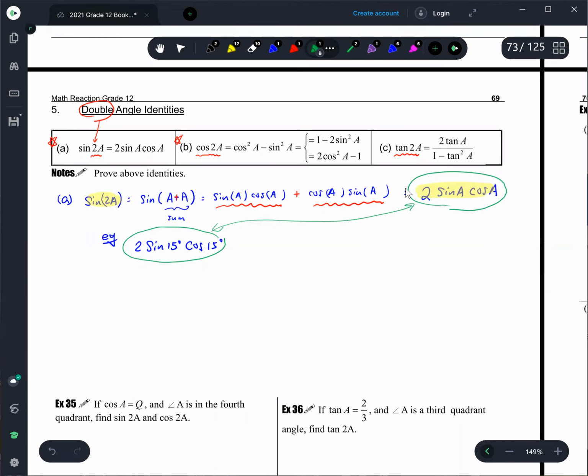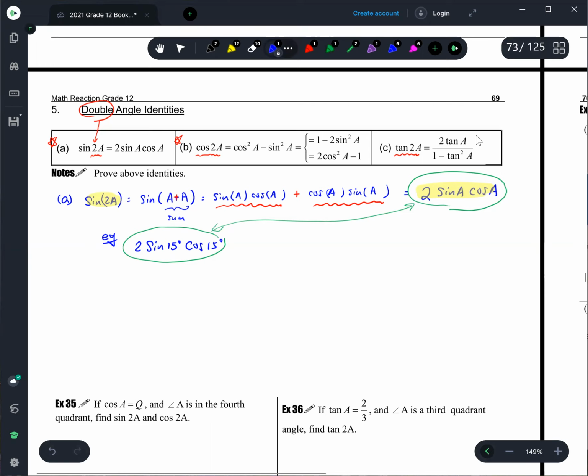If you compare the two green circles, what's the value for angle A? Is it 15? Yeah, it'll be 15. You look at the spot: the 2 is at the front, and then sine 15, sine A. So A is 15. Do you guys follow how we got A equals 15?